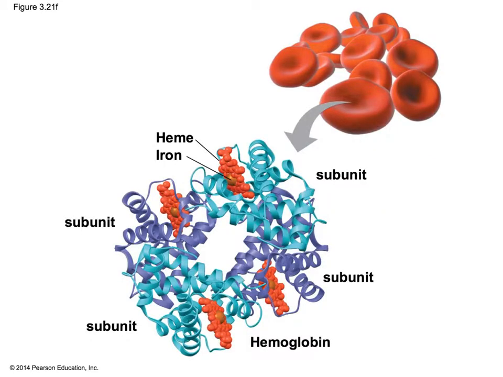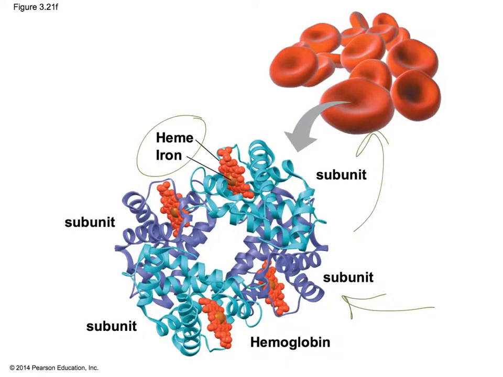Hemoglobin, I mentioned earlier, is the protein within red blood cells that helps us carry oxygen. It includes an iron group, which is connected to the heme portion of the polypeptide. So here you have multiple subunits coming together to form this hemoglobin molecule.